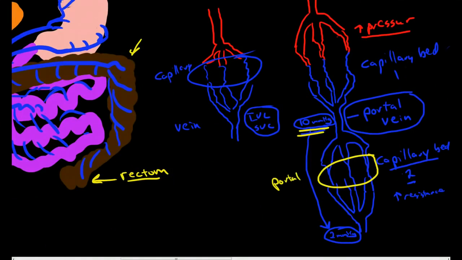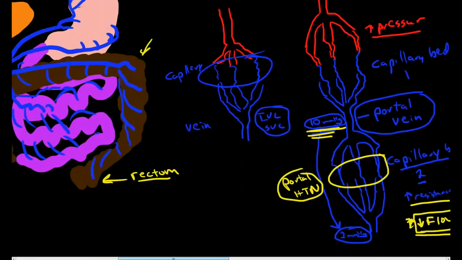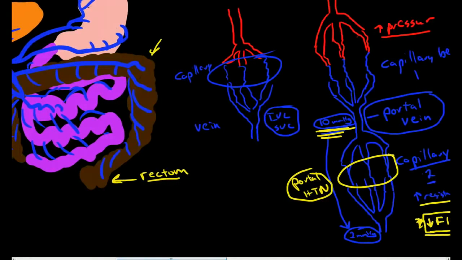It doesn't take much of a rise of pressure to cause significant problems, because a slight increase in resistance is going to cause a significant decrease in flow. And since this is the only normal mechanism for draining the entire GI tract, decreases in flow have serious repercussions. Okay, so that's just a quick introduction to portal hypertension. We'll talk about it a little bit more. So anyways, keep this two capillary bed system in mind.